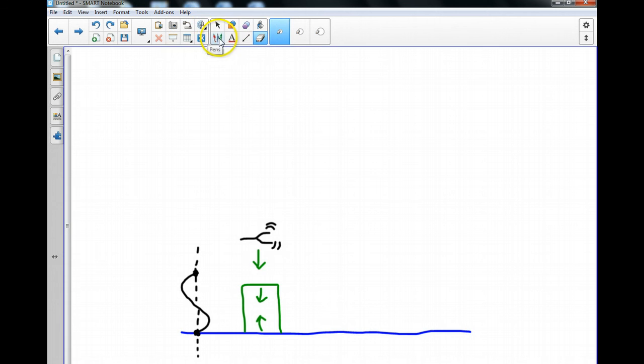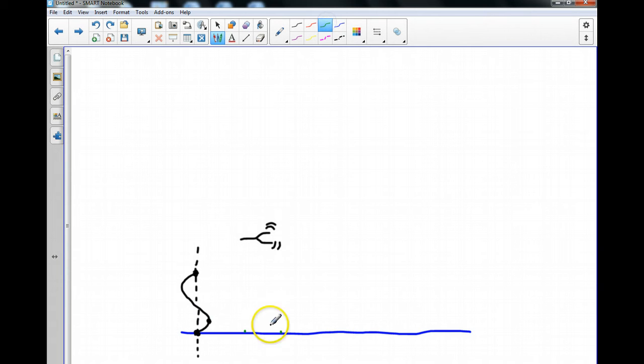If I come back over here then, back to my wave, I could draw how high the pipe must be in order to produce a standing wave for this wave here. Here's the first antinode. So the pipe has to extend that far, like that. And now there will be a node here at the water surface, and this is an antinode here.